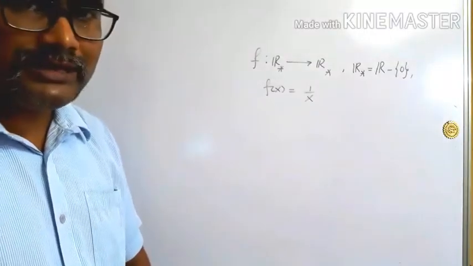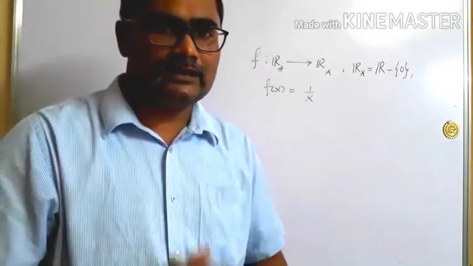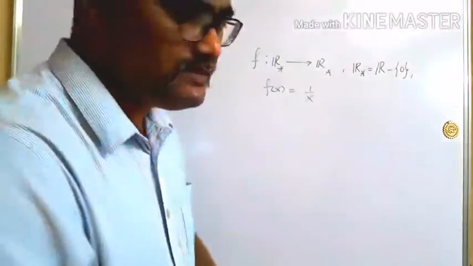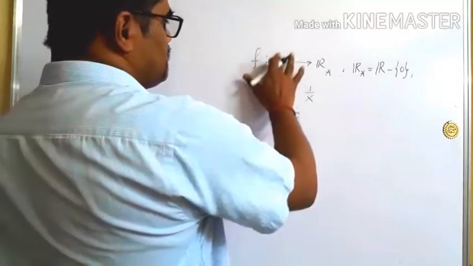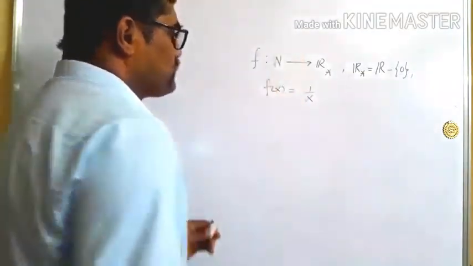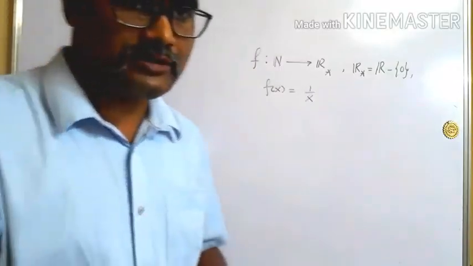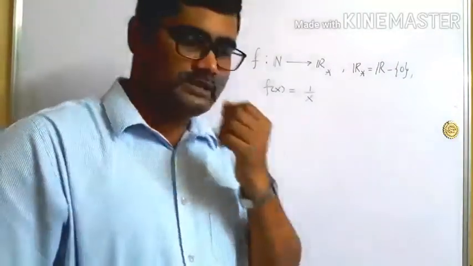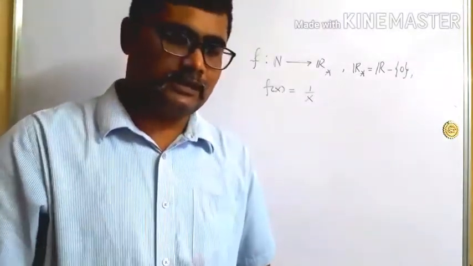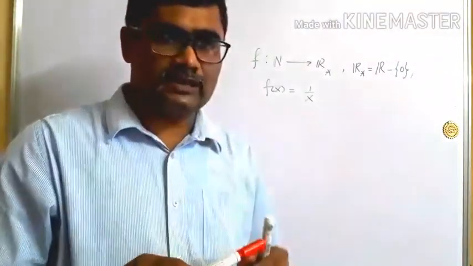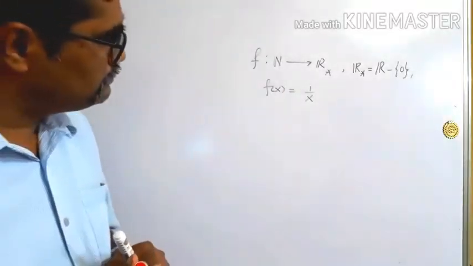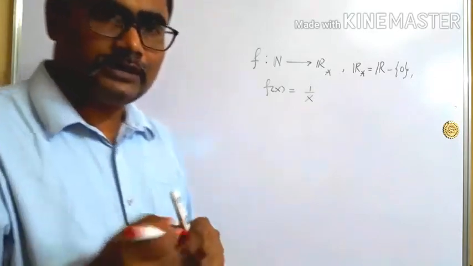Or let's make it a little easier, then it will be easy for us to understand. Let us not make it R star, let us make it N, natural numbers. And my question is this: f of x equal to 1 by x, and then I have to find the range. Domain is very clear, natural numbers. Now you have to find the range.